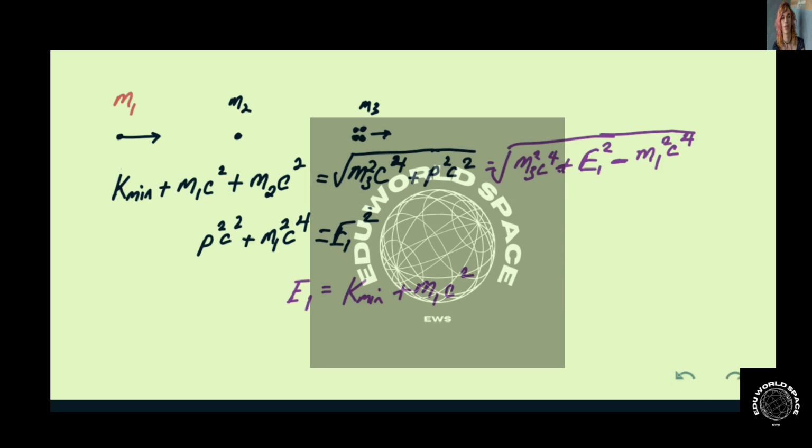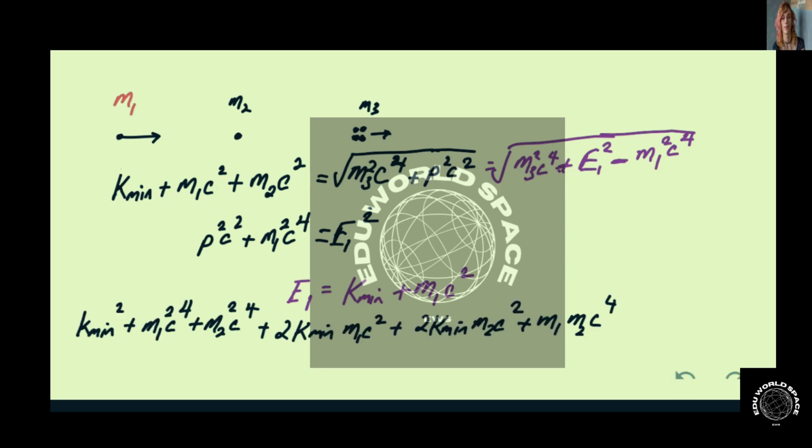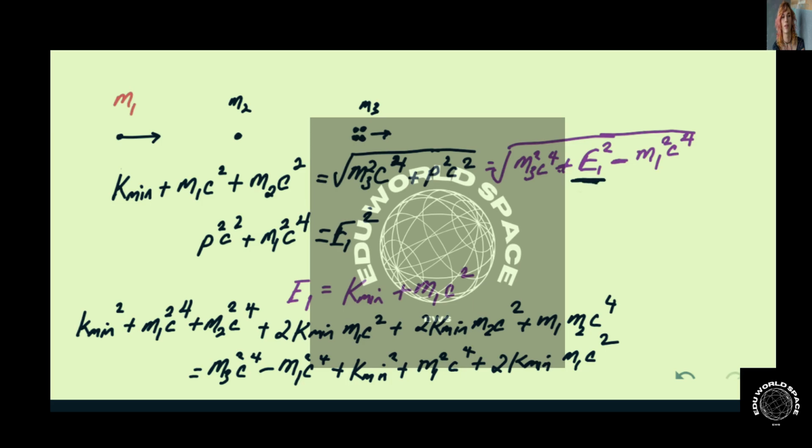For the left hand side, squaring it first, this is the expression that we will get. We expand it out, and then squaring the right hand side, we just get rid of the square root, so nothing much except for substituting in what E1 squared is. E1 squared will be this expression here squared, and we just substitute that in.